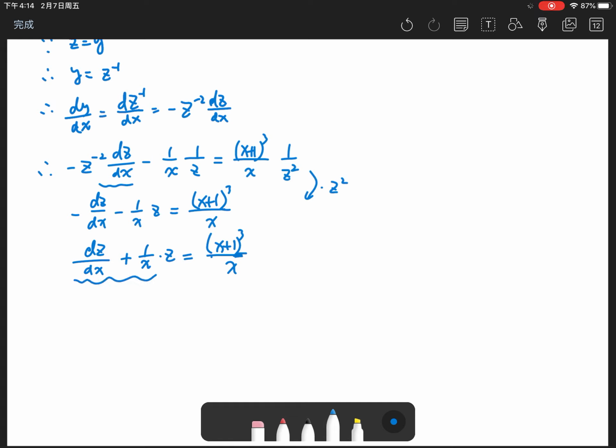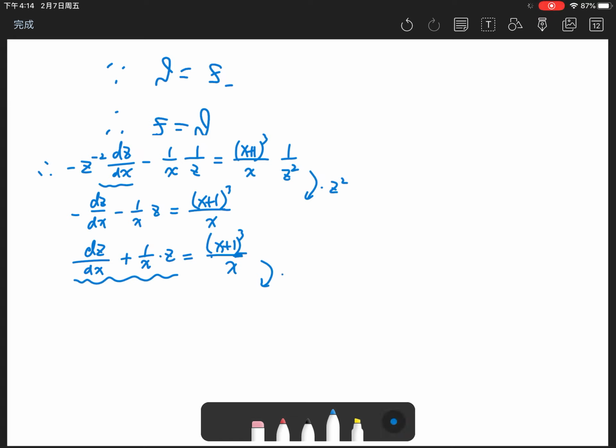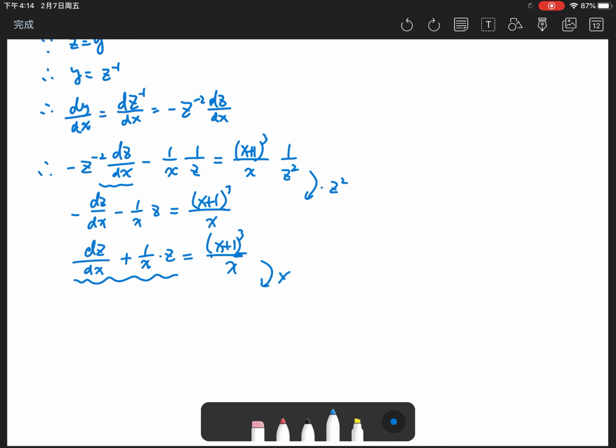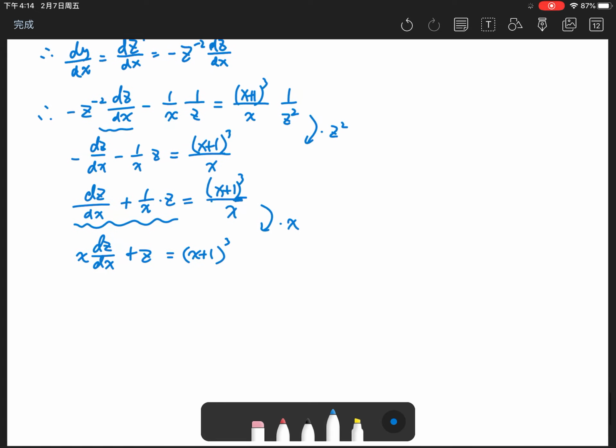Actually, if we multiply x on both sides, it becomes x dz by dx plus z equals x plus 1 to the power of 3.